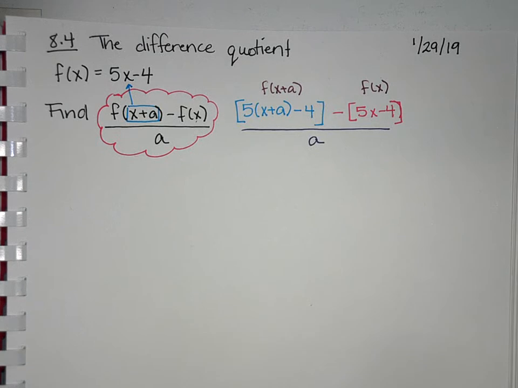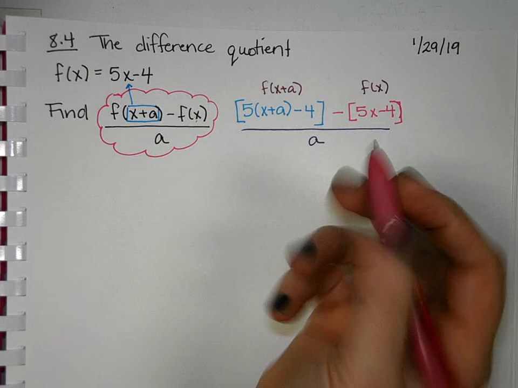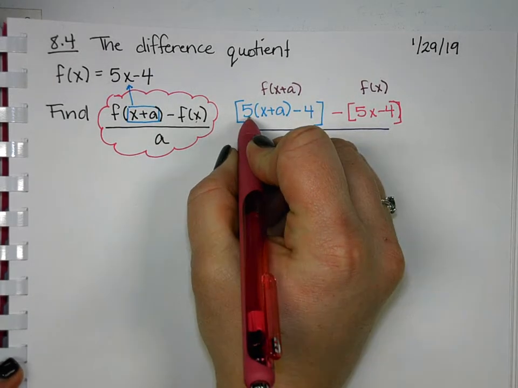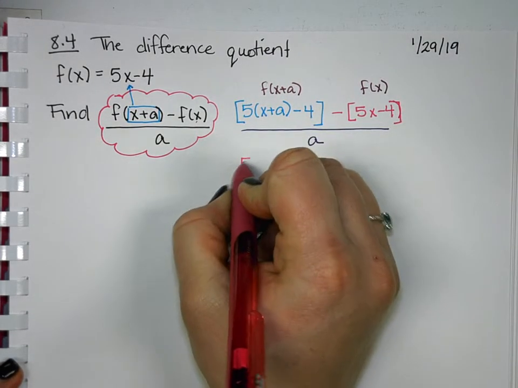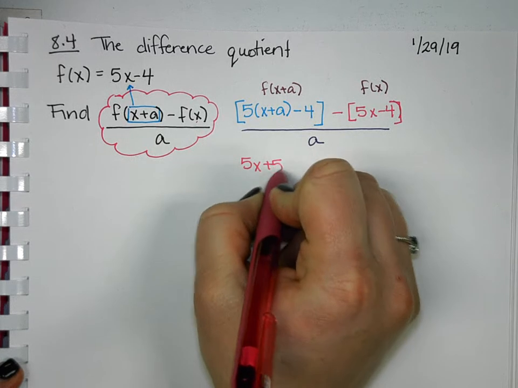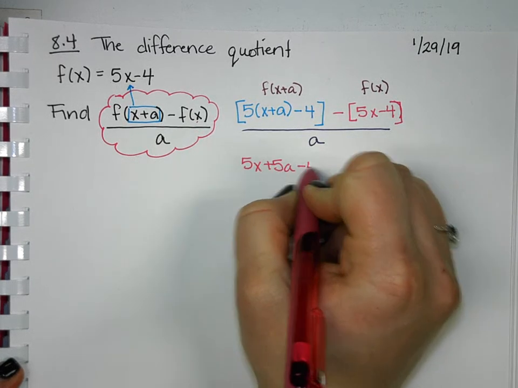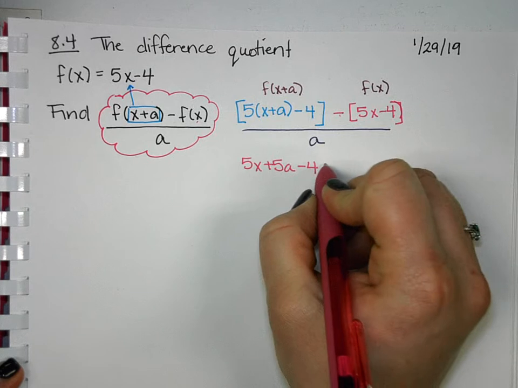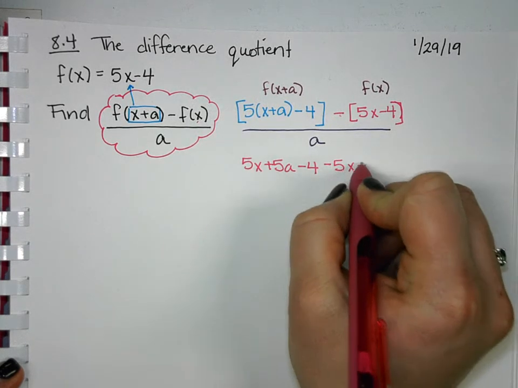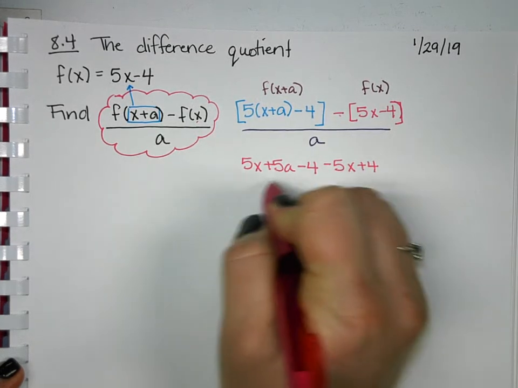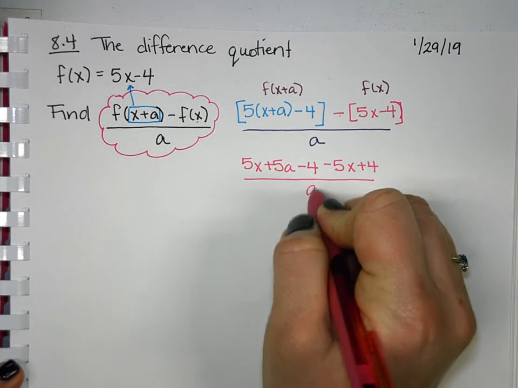Okay, so now once you have it all plugged in, it's just simplifying. So inside our parentheses, we can distribute the 5. So 5x plus 5a, and then we have minus 4. Over here, I can distribute the negative so that I can drop my parentheses or brackets, all over a.